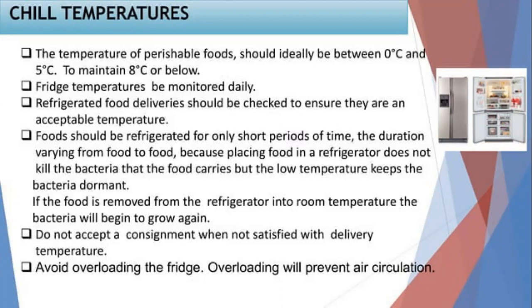Maintaining the food within this chill temperature is very crucial to prevent any rapid growth of bacteria that can cause foodborne illness. It's important to use a refrigerator or storage facility equipped with a reliable thermometer to monitor and regulate the temperature, so you will ensure that the perishable foods are kept at a safe and constant level.